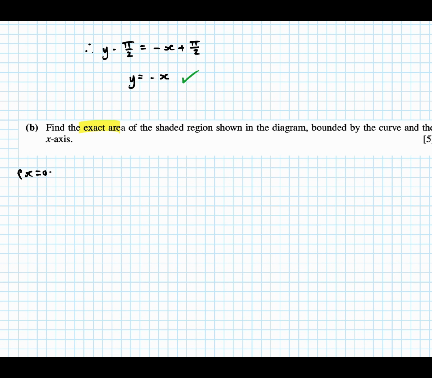So if x is equal to 0, where it crosses the axis, where we're looking, x cosine 2x equals 0, so cosine 2x equals 0. So 2x is pi over 2 and 3 pi over 2. You can check your graph as well. And so x is equal to pi over 4 and 3 pi over 4.